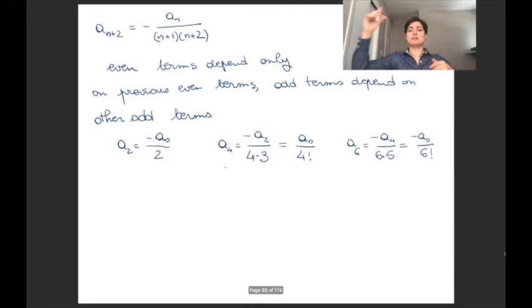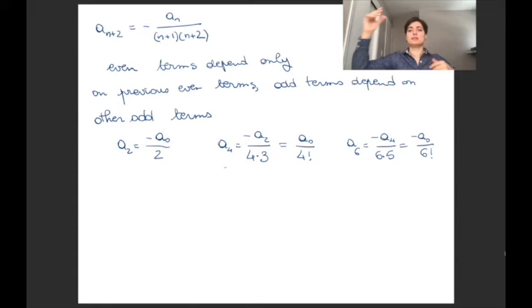Let's try to look at this a bit more. If we have a0, then we know that a2 is equal to minus a0 divided by 2. Then we know that a4 is equal to minus a2 divided by 4 times 3. But a2 was already well defined, so if you do the calculations, it is a0 divided by 4 factorial. a6 only depends on a4, so a6 is defined as minus a4 divided by 6 times 5.